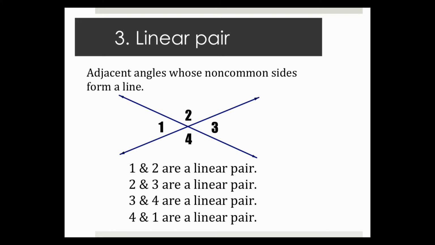However, the difference being is that their non-common side, this guy, forms a line. So what is the measure of angle 2 plus the measure of angle 3? 180, correct. Anytime you have a linear pair, all of these things have to add up to 180 degrees because they have to be a straight angle, or a line if you prefer.